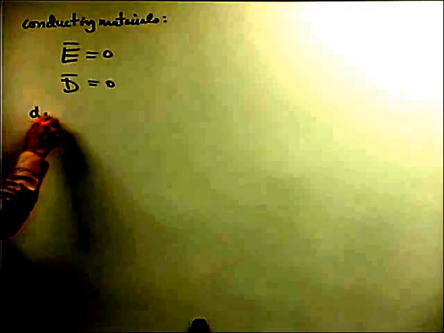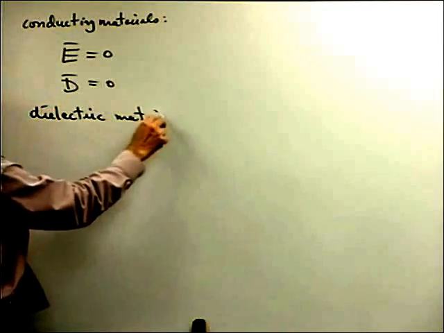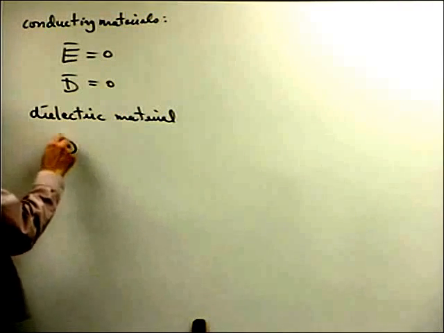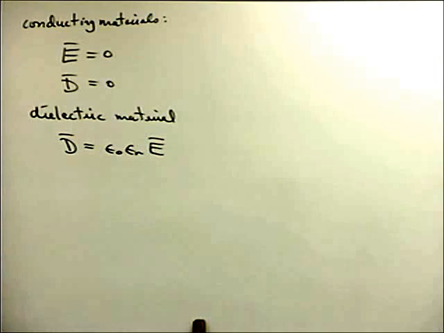Whereas if we're in a dielectric material, which is a plastic, ceramic, wood, something like that, then we have a relationship between D and E, where D is proportional to E, and the constant of proportionality is what we call the permittivity of the medium. So those are the basic equations that we have here.